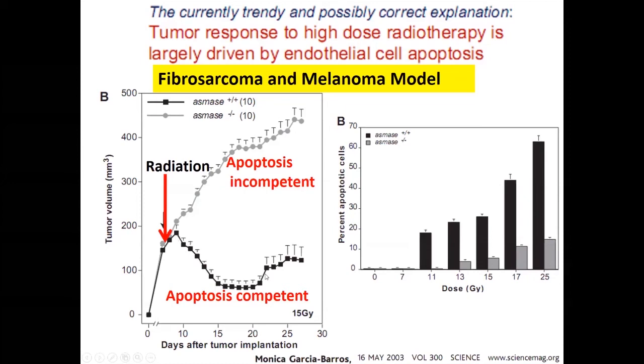Not only this, they also tried to estimate the percentage of apoptotic cells with increasing dose of radiation. And what they observed is that up to a certain dose, there was no apoptotic cell, but after this threshold, there is a linear relation. As the dose increases, the apoptotic cells keep increasing. So they concluded that there is a threshold for this third process, that is vascular damage, to get triggered.